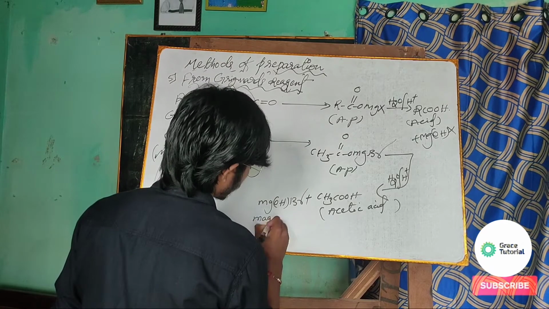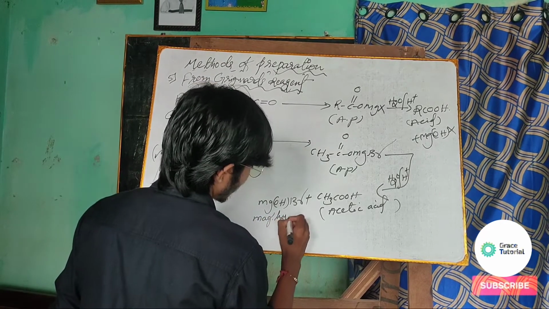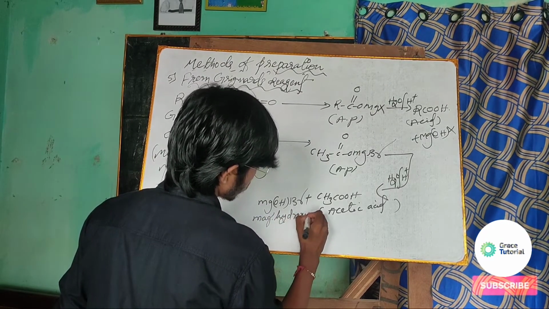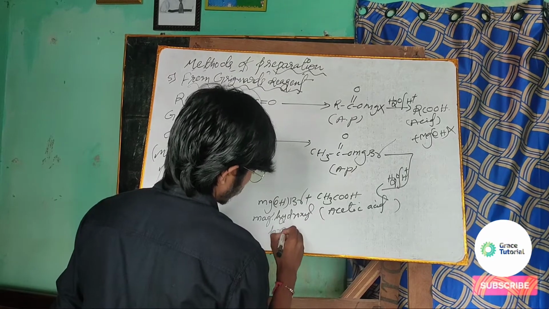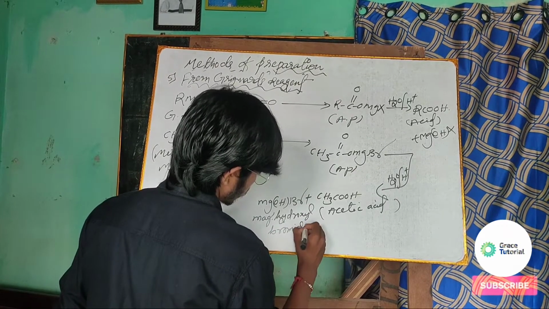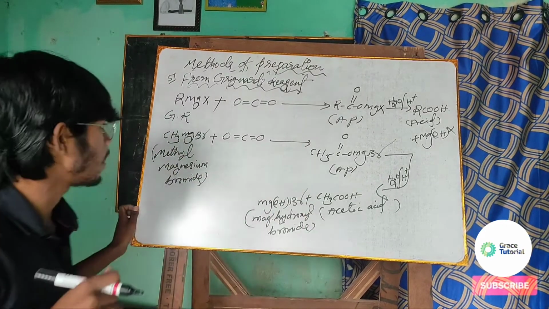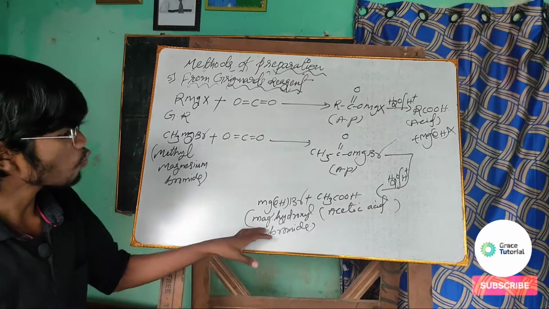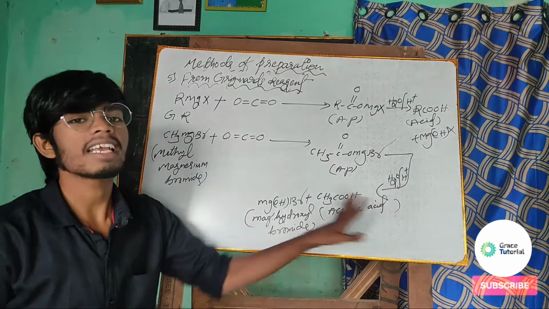Let me write the name for you. Magnesium hydroxy bromide. So in this way we have prepared the acetic acid.